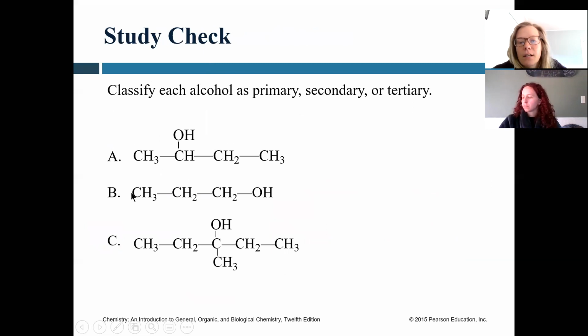So first thing I want you to do, I want you to classify these as primary, secondary, or tertiary alcohols.